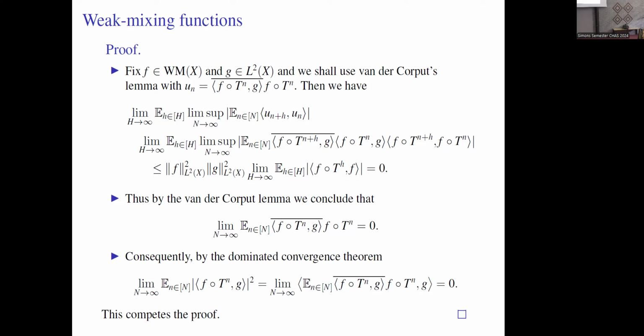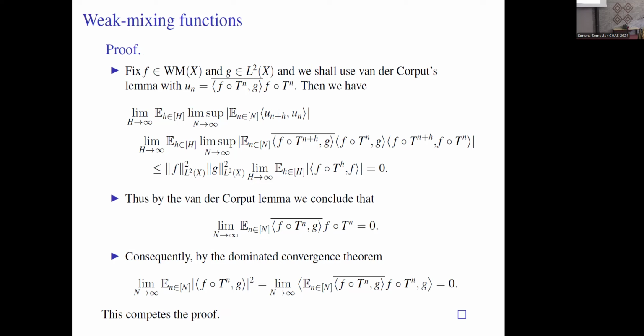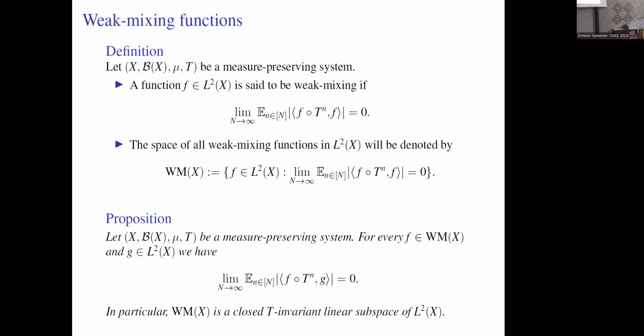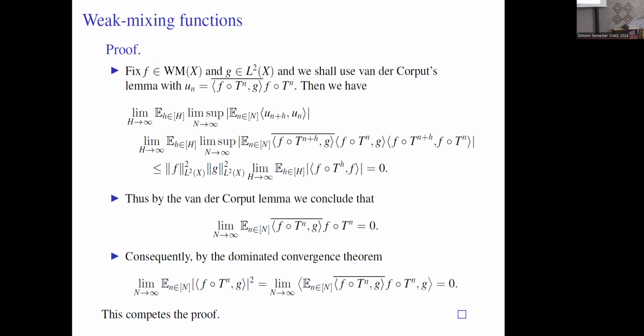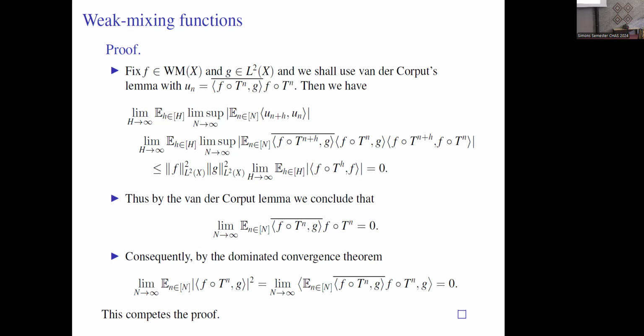And now, if we pair this with function g and use the dominated convergence theorem, then we deduce that this holds with power 2 here, and we are done. And here you see that this is with power 1, but this is equivalent. In one direction by Cauchy-Schwarz, in the other direction by the nestedness of little l^p spaces.